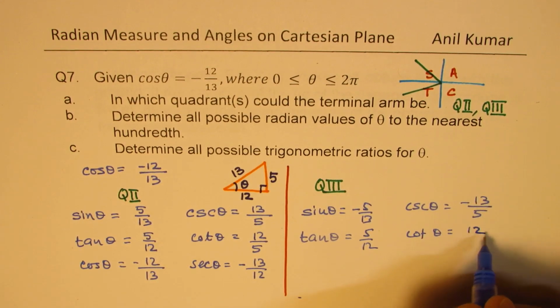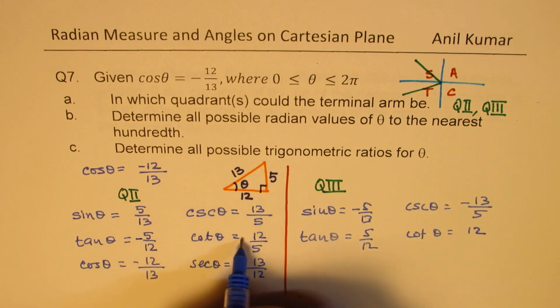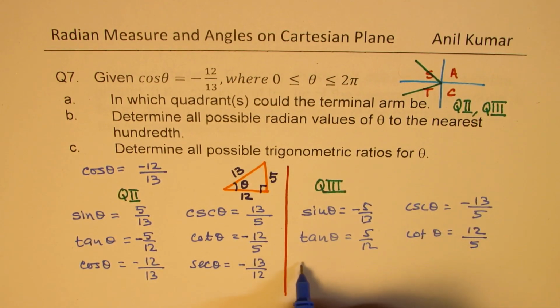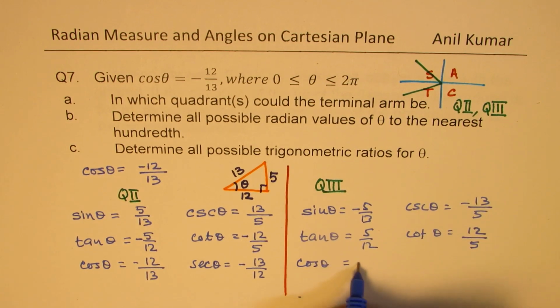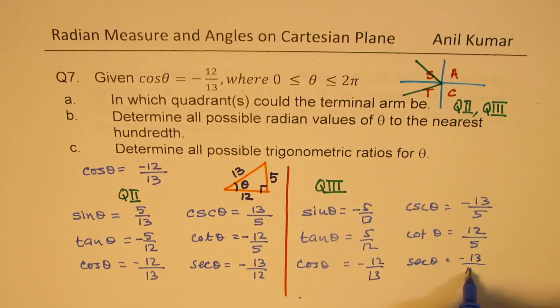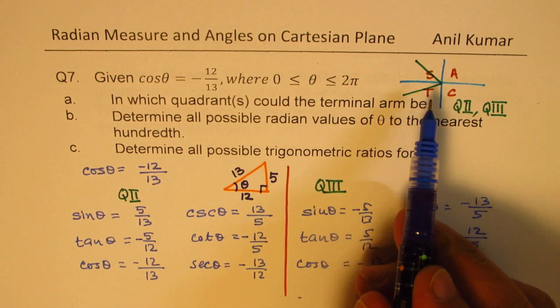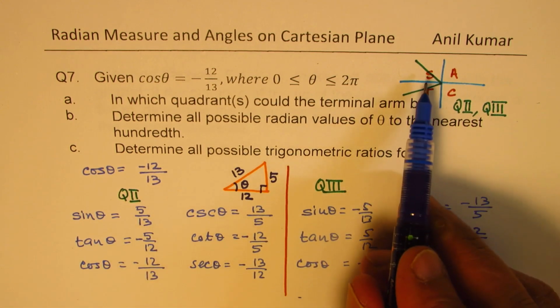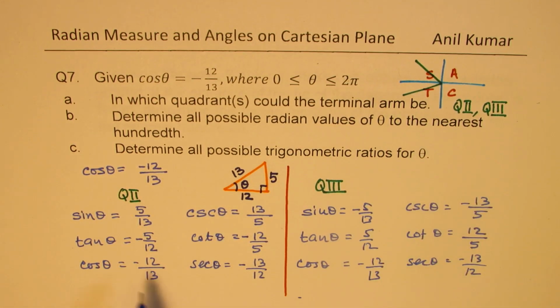So we should have placed them negative here. Okay. So these are positive values, right? And cosine theta will be negative, secant theta will also be negative, correct? So as you can see, tan and cotangent will be positive for quadrant 3. For quadrant 2, sine and cosecant will be positive, the others will be negative.